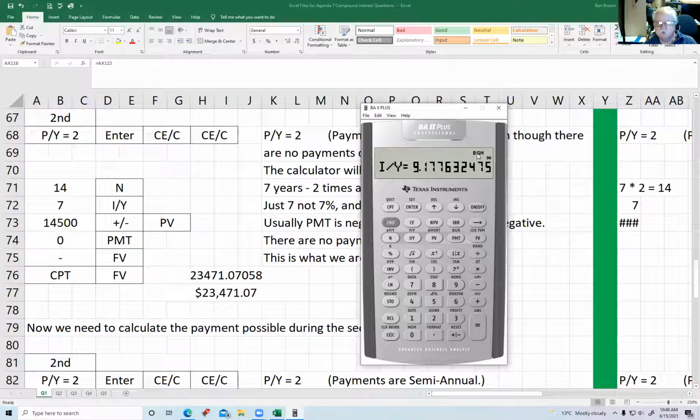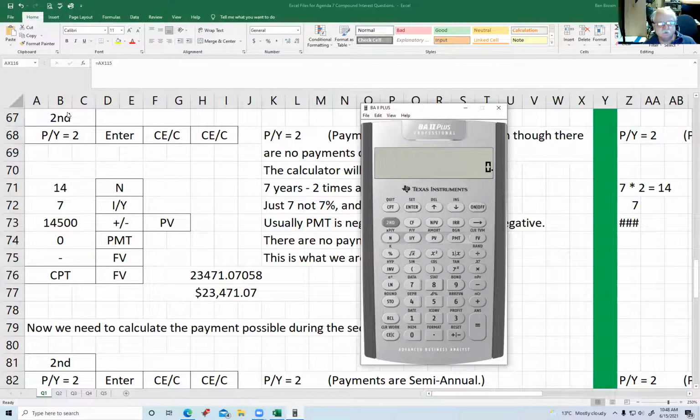So the last calculation I did must have been an annuity due, so I've got to get rid of that. Go second, begin, second, set. And now the BGN is gone, so now I'm good to go.